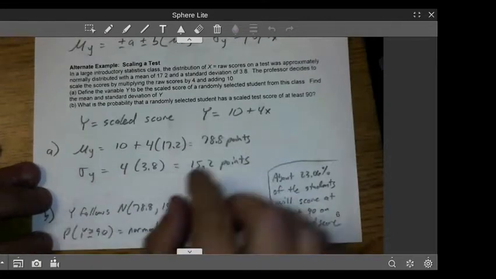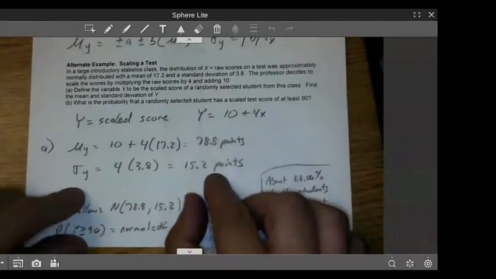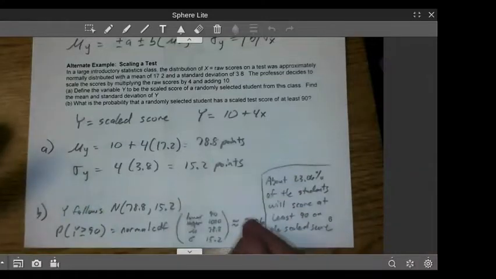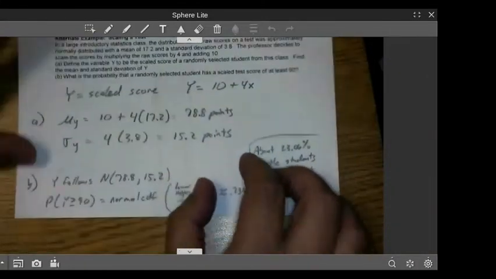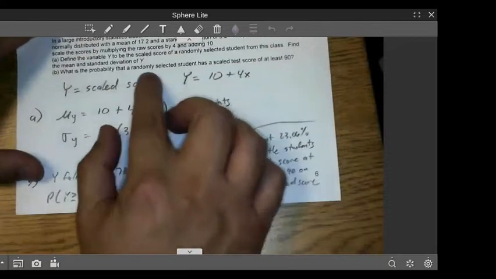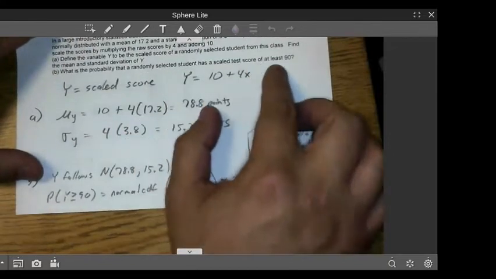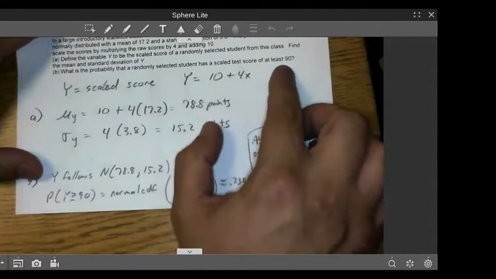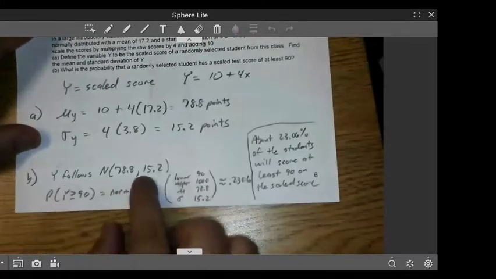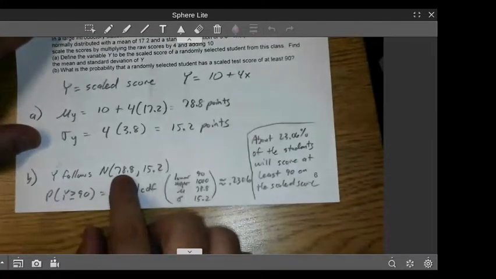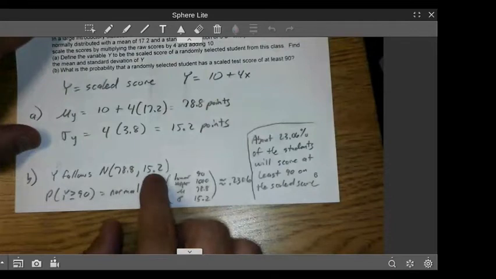So now this is mu of y and sigma y. Since we have normally distributed, we can ask: what is the probability that a randomly selected student has a scale score of at least 90? So y follows a normal distribution with mu of 78.8 and sigma of 15.2.